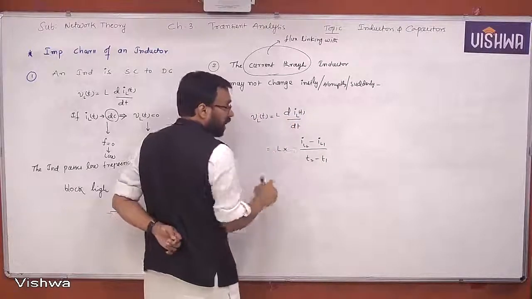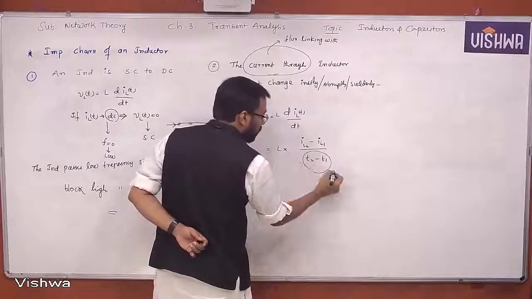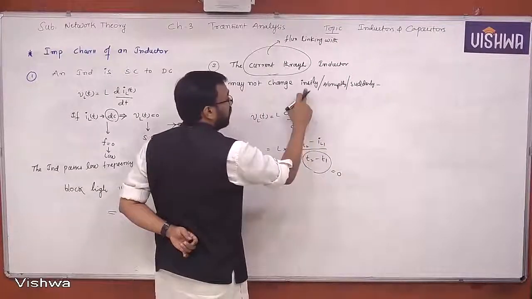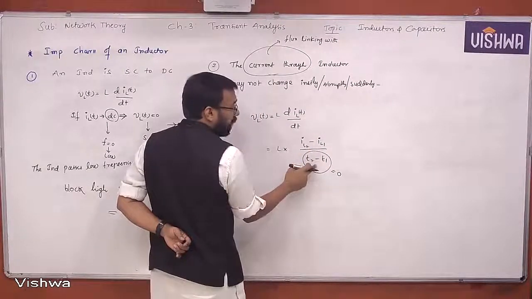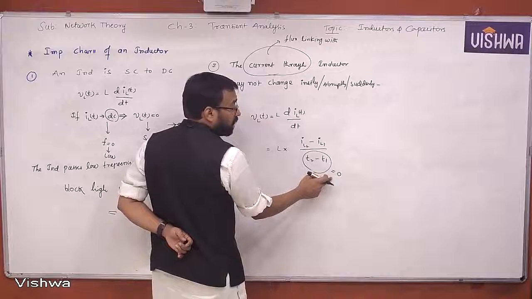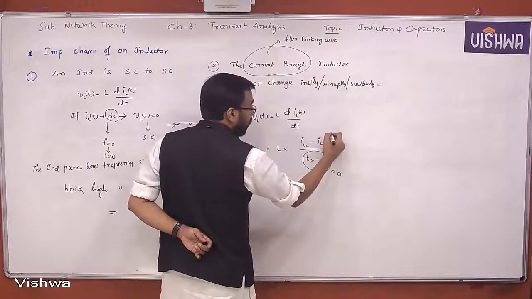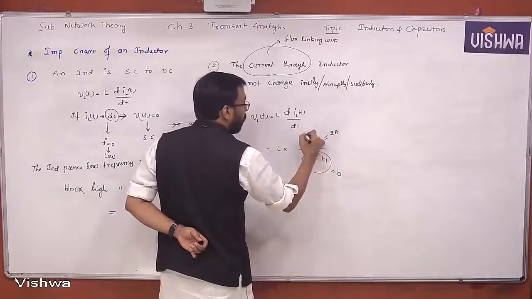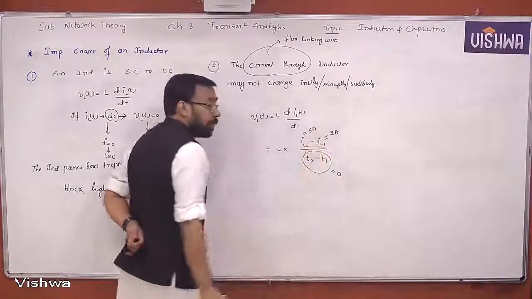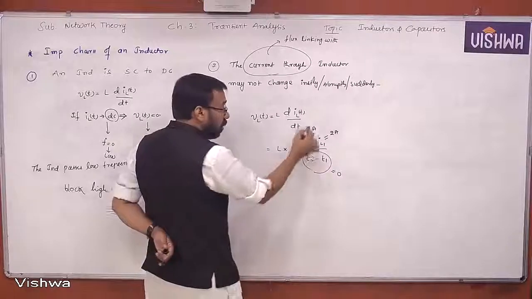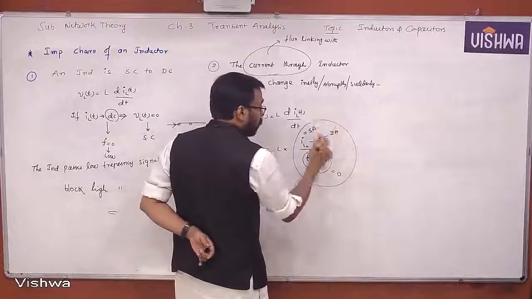Similarly, we can write here. Now, since we are trying to change instantaneously or abruptly, the denominator can be taken as 0. Our intention is to change the current through the inductor from 2 amperes to some 5 amperes. What will happen? This entire component looks like infinity, yes or no?